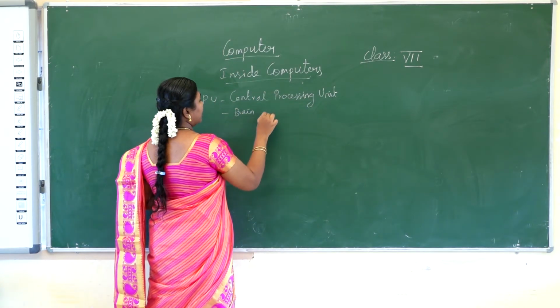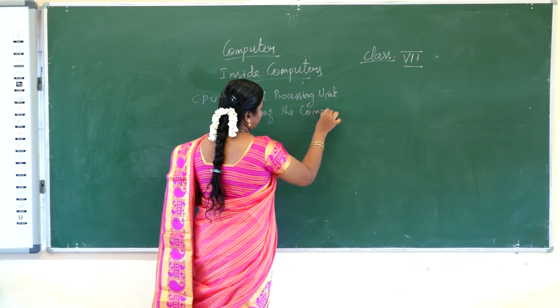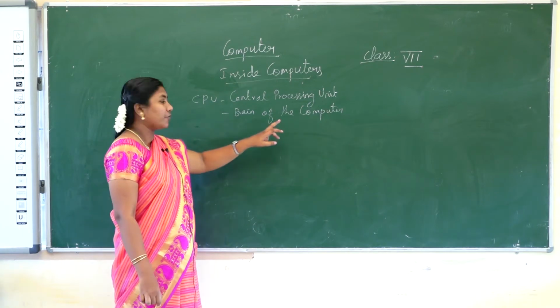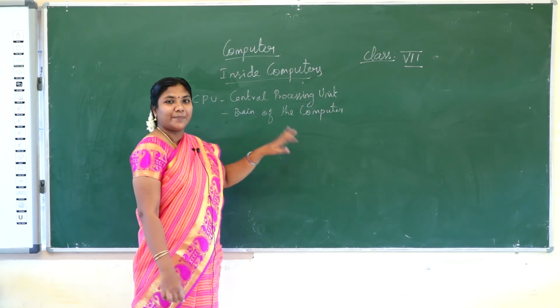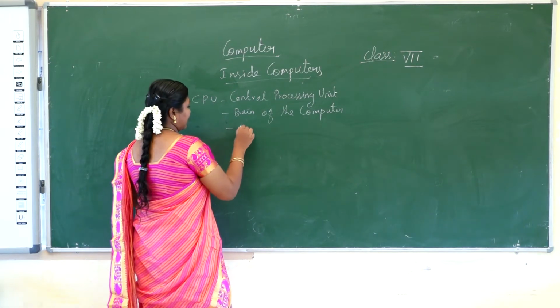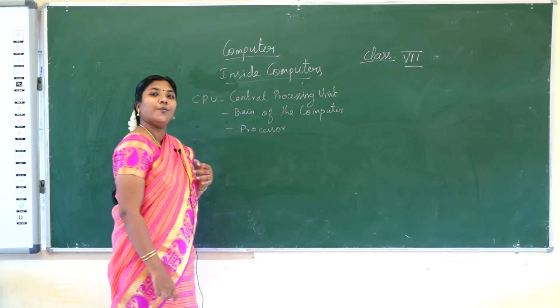It is also called the brain of the computer. CPU, Central Processing Unit, is known as the brain of the computer. We also call it a processor.